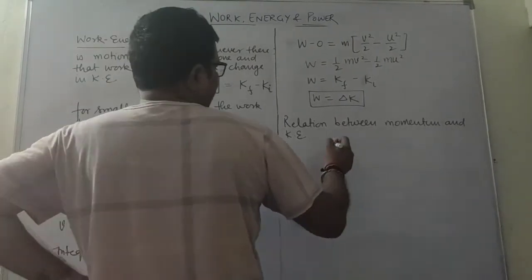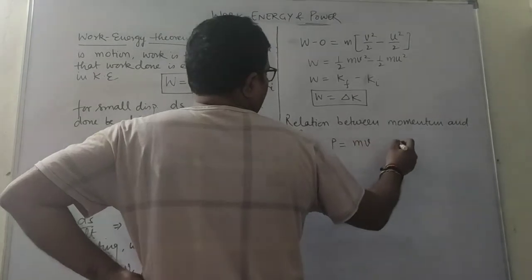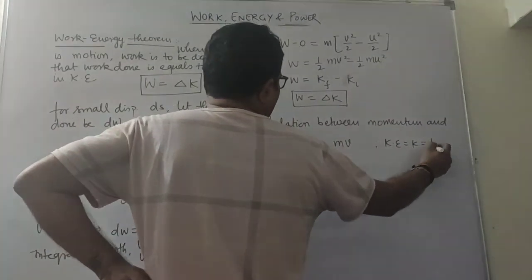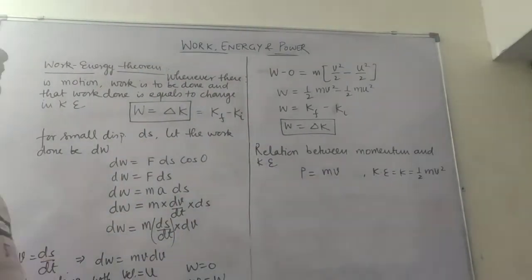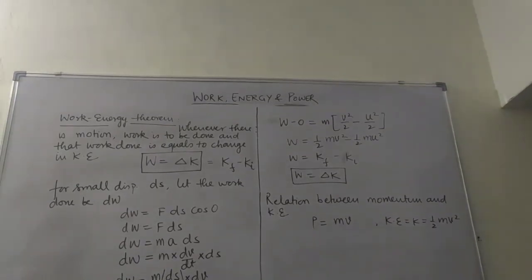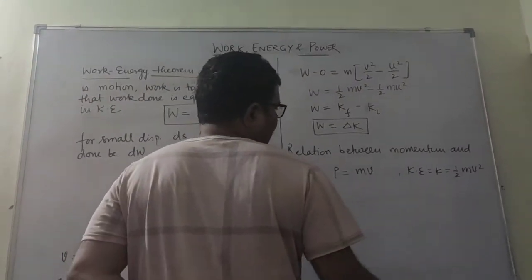So here you all know that momentum is given by mass into velocity, and kinetic energy K is equal to half m v square. Because velocity is variable, we will keep the relation in terms of mass and kinetic energy.